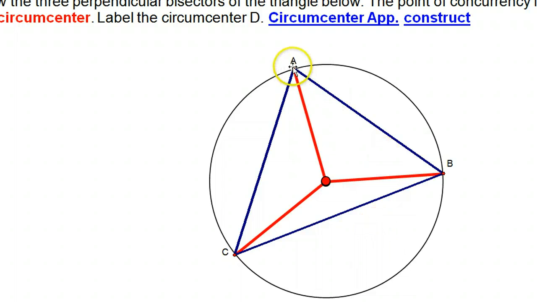Alright, so if you have your triangle with each of its vertices on the circle, the center of the circle you could think of as also being the center of the triangle in some sense. When you think of it that way, that type of triangle center is called the circumcenter.